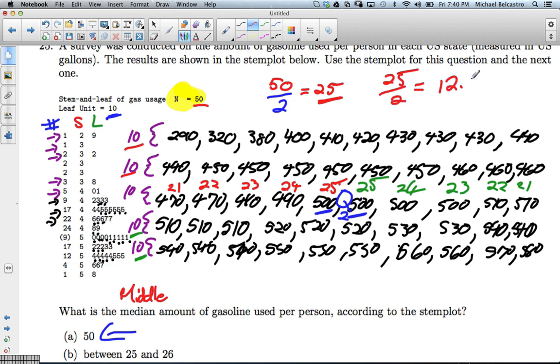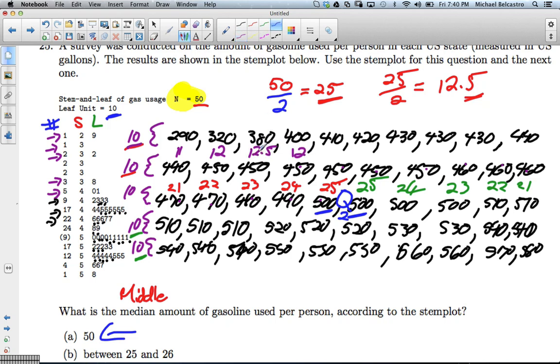That's going to give us 12.5. So there's actually going to be a value in this one. So we can count 12 from the bottom. Here's 10, 11, 12. And then if I count it back this way, this would be 1, 2, 3, 4, 5, 6, 7, 8, 9, 10, 11, 12. This would be 12. So this is that 12.5, or the guy in the middle.